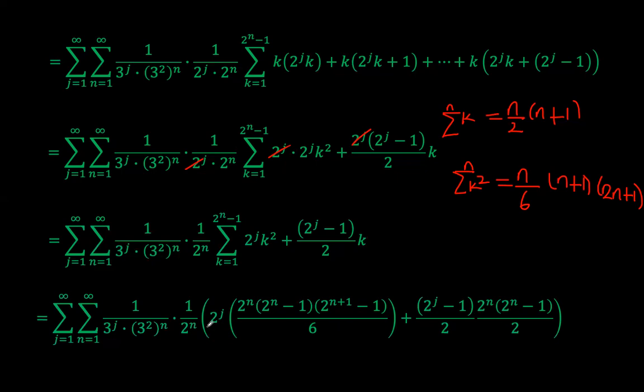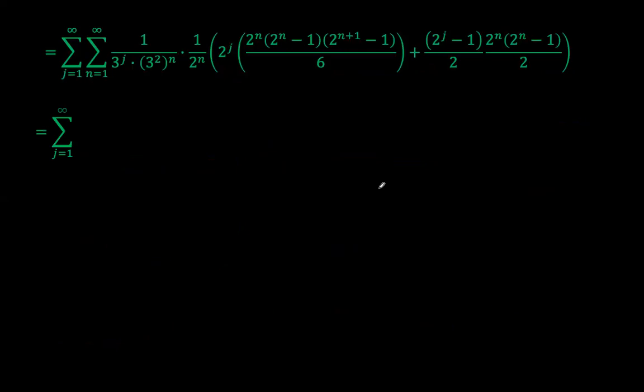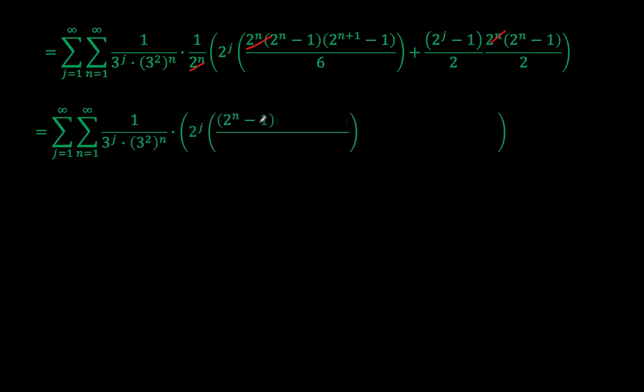And so we can again use that to cancel with this 2^n and then with this 2^n. Okay. So since we've done away with that and with that, we're left here with 2 to the power n minus 1 times 2 to the power n plus 1 minus 1 over 6. And then we have 2 to the power n minus 1 over 2 here times 2 to the power j minus 1. And then there's 2 times 2 here, and then there's 6 here.